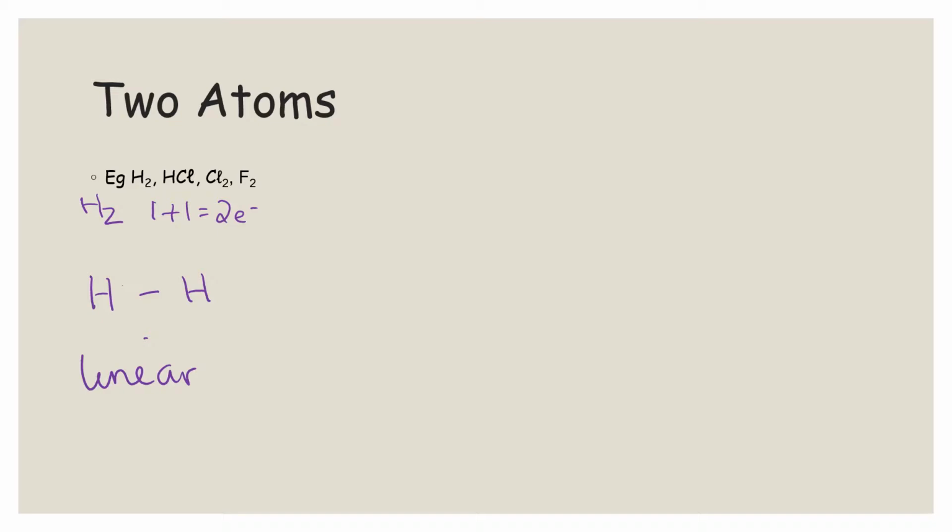Now let's look at a second example, HCl. In this case, start with the electron dot diagrams. The hydrogen has got 1, the chlorine has got 7 valence electrons, so we're playing with a total of 8 electrons. Put down the atoms. Start by a single bond. Complete the octets.